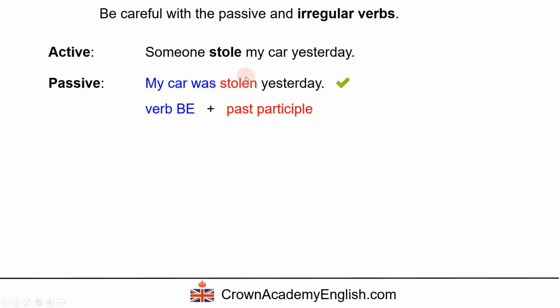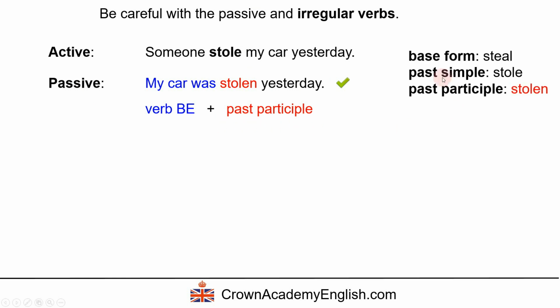It's different. So this is why irregular verbs are harder to form in the passive voice, because the past participle is irregular. So this is an example of an irregular verb. The base form is steal.